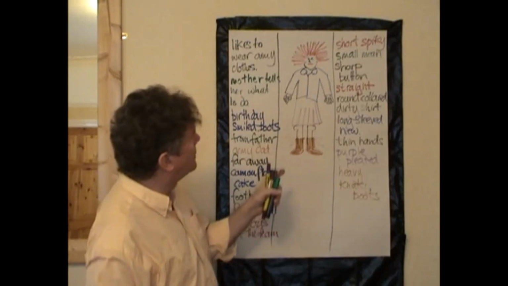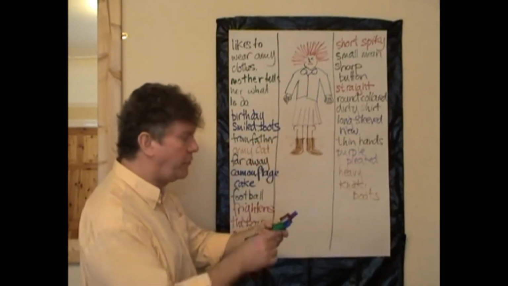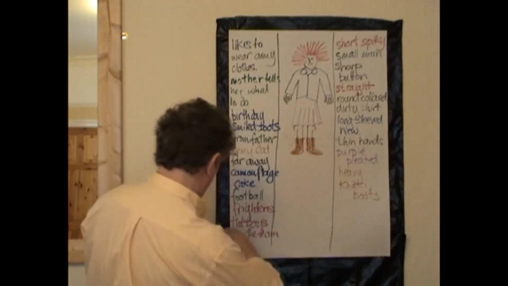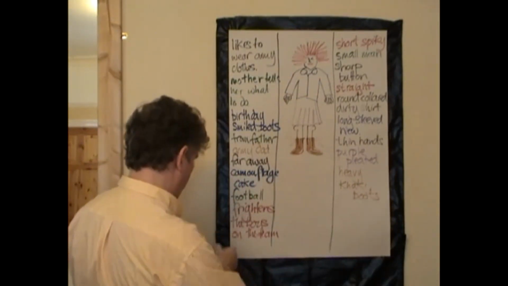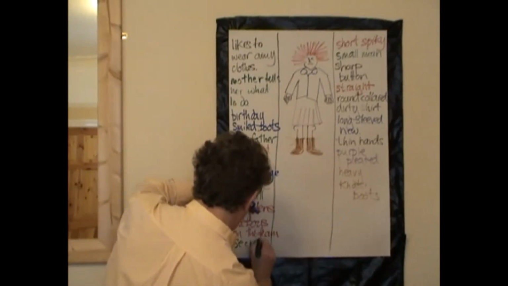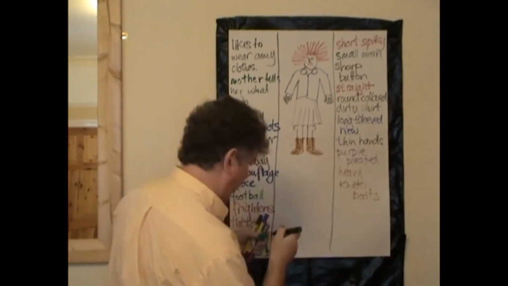So we'll say that the surprise will be that she quite likes this new long-sleeved shirt. Secretly. She secretly likes it. Write it in a colour that you can see. Secretly likes the blouse. And there you go.